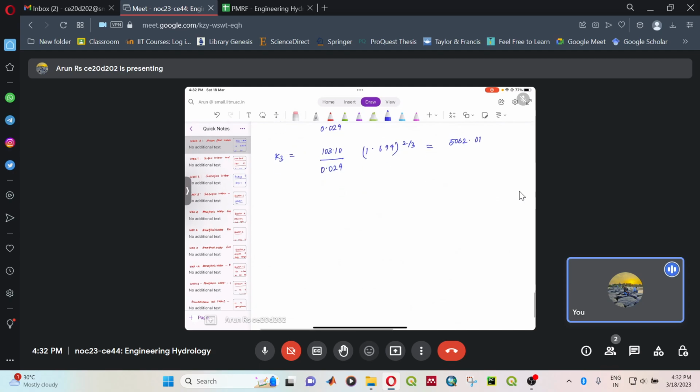After computing the conveyance, we are going to take the geometric mean of it. So K here will be K1 into K2 into K3 to the power of 1 by 3. And if we compute that, we will get 5058.07 meters.